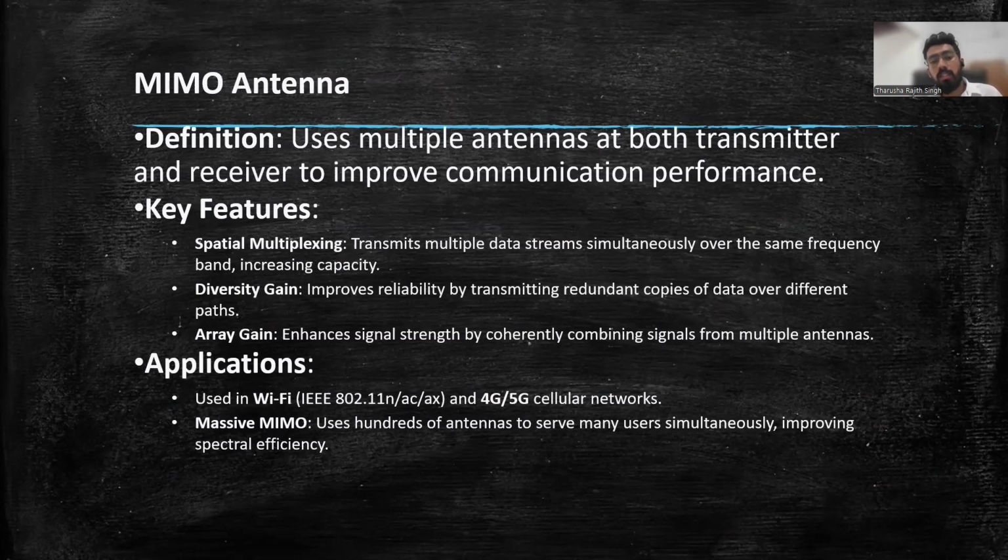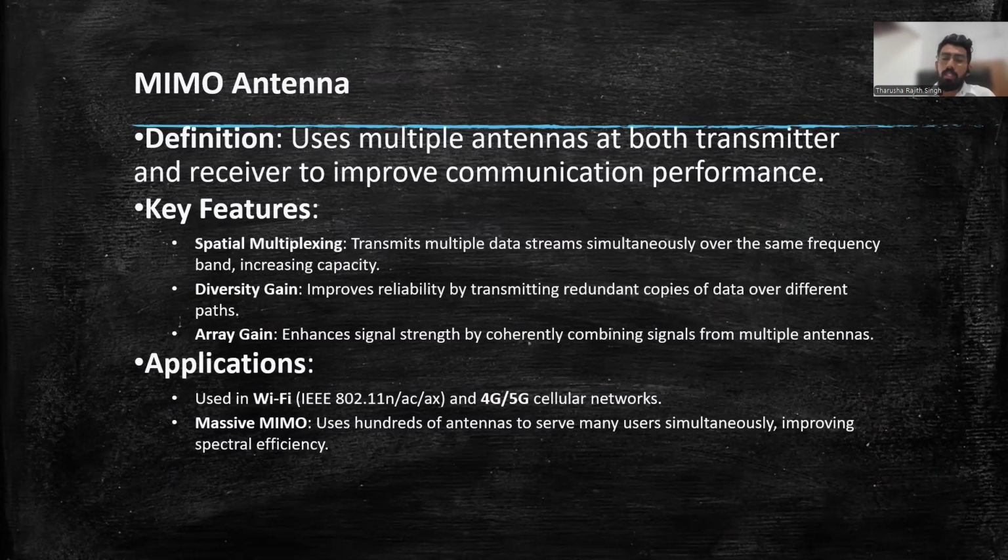So MIMO is a key technology in modern wireless standards, including Wi-Fi and 4G, 5G cellular networks. Massive MIMO is a key technology in 5G networks. It uses a large number of antennas at the base station to serve multiple users simultaneously.